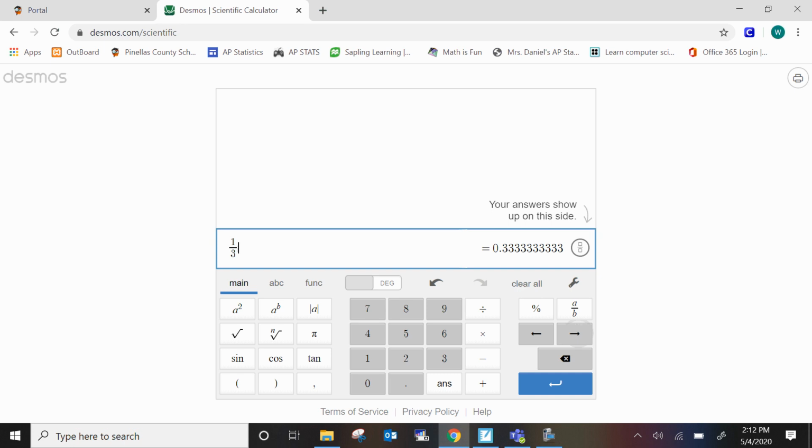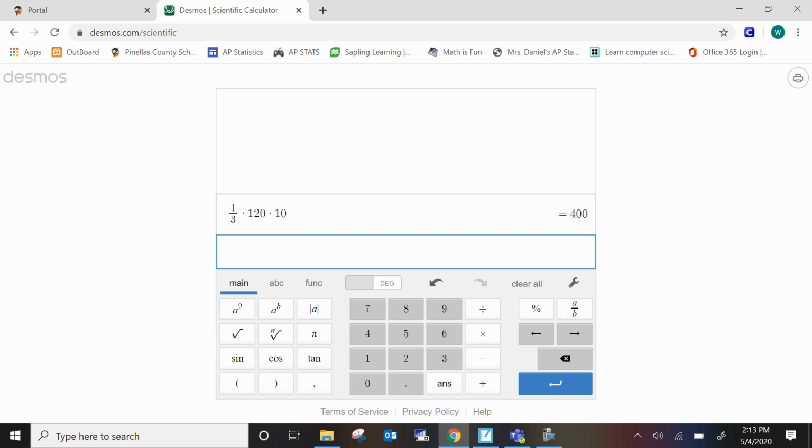If you look right next to the 1/3, I just hit the arrow button, so now I can hit times 120 times the 10. And look at that, my answer is 400.